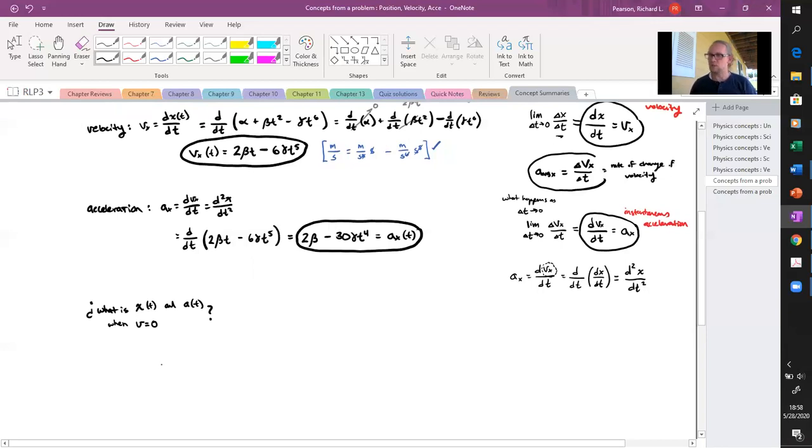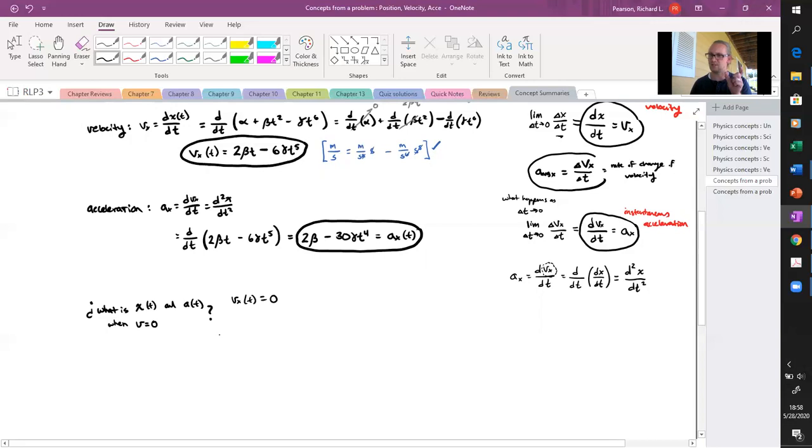So this is an interesting question because the one thing that we don't know here is time. Well, assuming that we know alpha, beta, and gamma, right? Assuming that those values are known, we're asked for what is x and what is a, what is the position, what is the acceleration when the velocity is equal to 0. So what we can do is say, all right, well, if we know this, right?